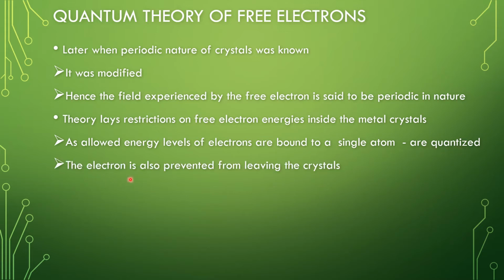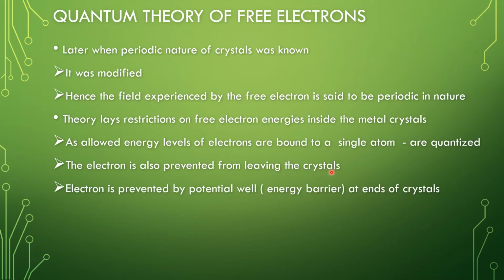The electron is also prevented from leaving the crystal by the potential well at the ends of the crystal. That is, the electrons are trapped in a constant potential well.